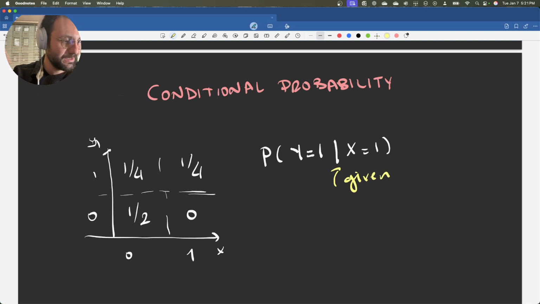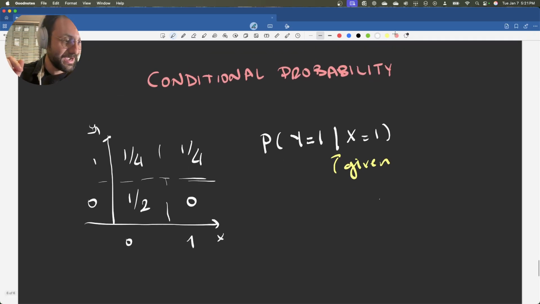Since I know x is equal to 1, I directly eliminate the region where x is not equal to 1. My region all of a sudden is this region.